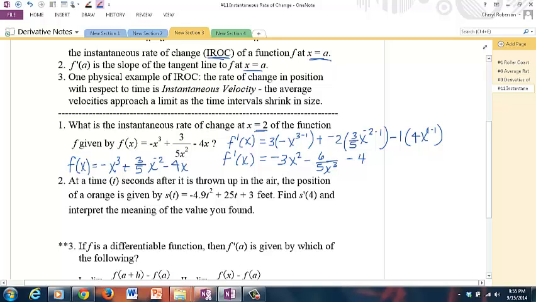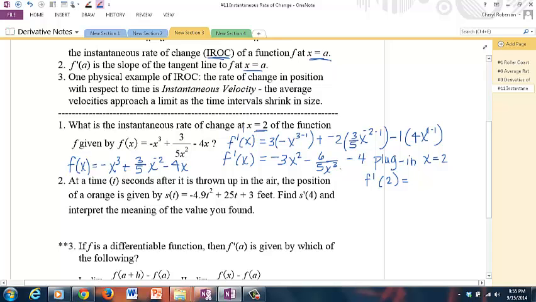Now I want to find the instantaneous rate of change, the IROC, which is again the slope of the tangent line, at x equals 2. Find that instantaneous rate of change at x equals 2. So what I need to do now is plug in x equals 2. So really I'm finding f prime of 2.